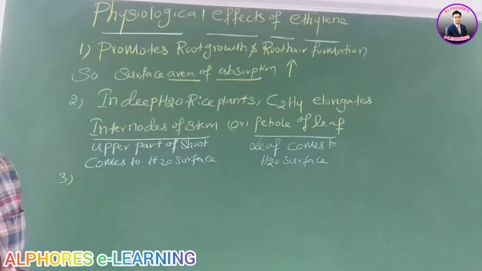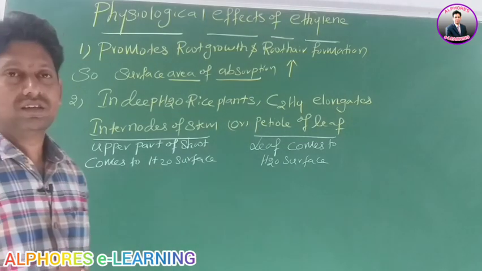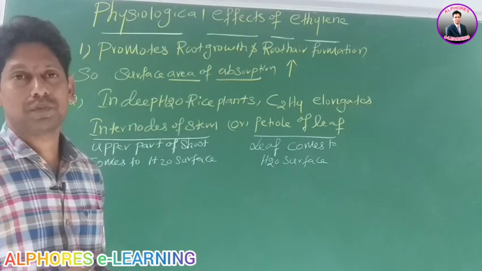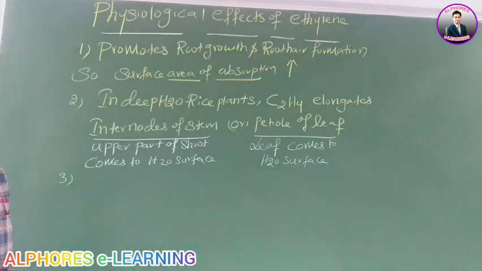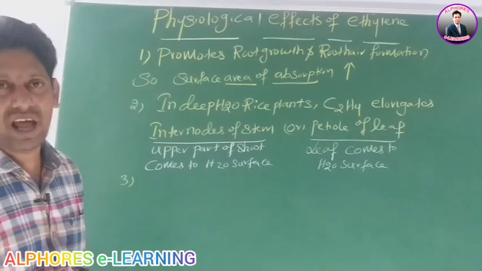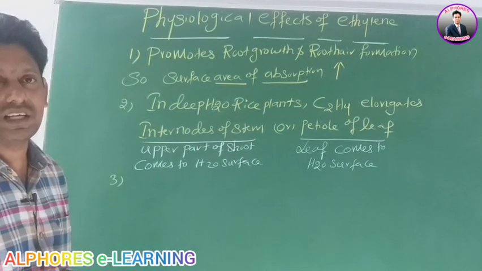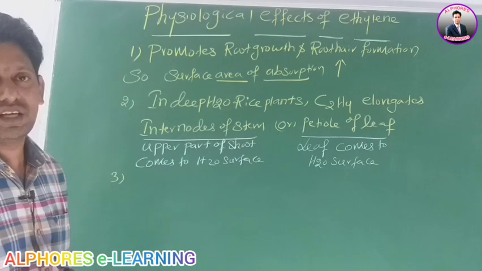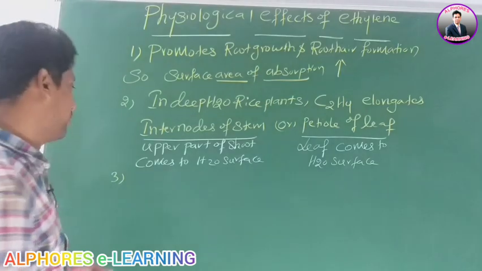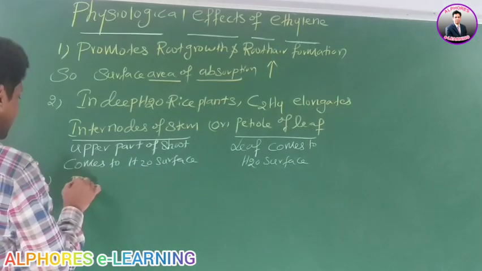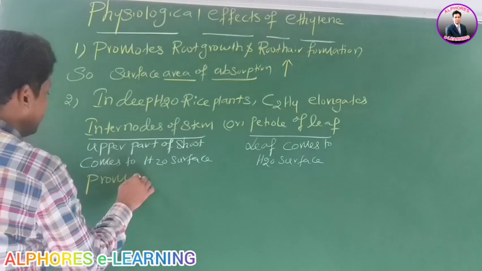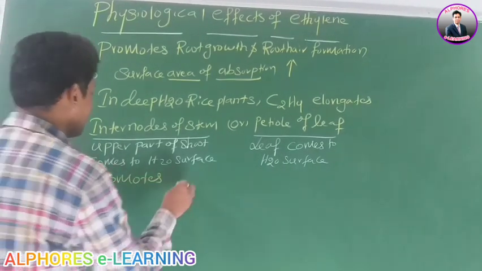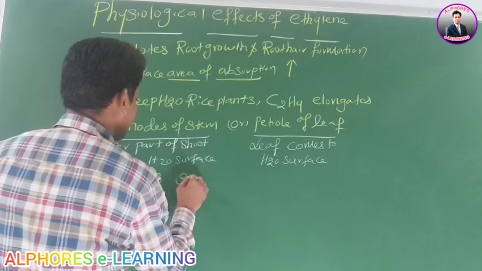Sir, this ethylene promotes what, sir? Ethylene promotes senescence and abscission of plant organs, especially leaves and fruits. Especially what, sir? Leaves and fruits, right? Therefore, promotes what and what, sir?